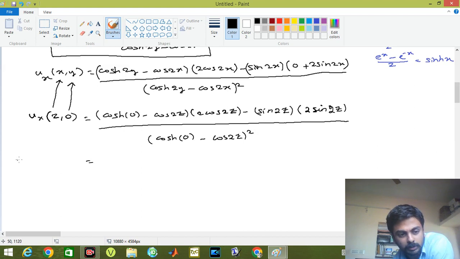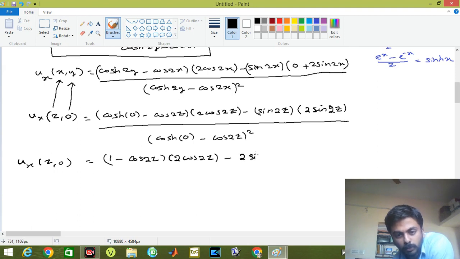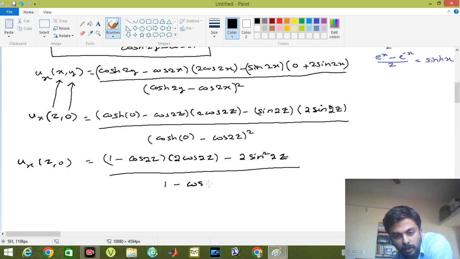So this is u x of z comma 0 equal to, cosh of 0 is 1, (1 minus cos 2z) into 2 cos 2z minus 2 sin square 2z, divided by (1 minus cos 2z) the whole square.